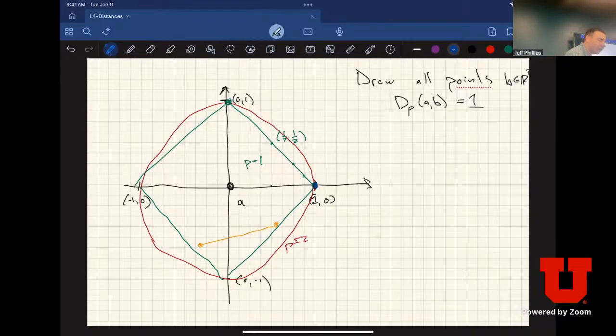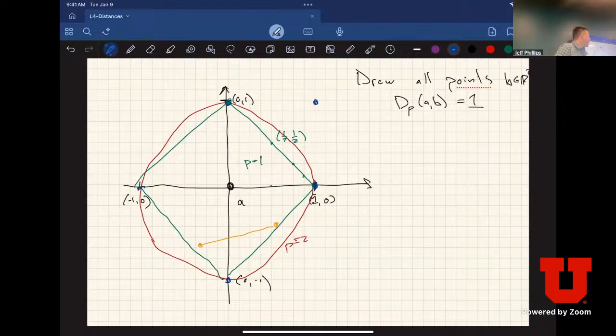Okay, what is another point that has L infinity distance of 1, other than these 4 points? 1, 1, yes, up here. So this one is also part of the L infinity ball, or the L infinity sphere, because the boundary of a ball is a sphere, right? So these are one-dimensional spheres that lie in 2 dimensions.